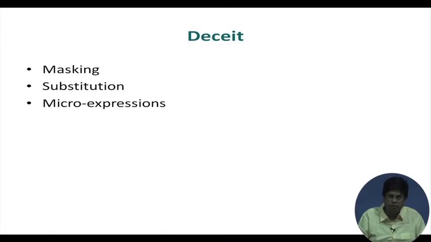So, substitutions take place, and microscopic expressions I have indicated. Here I would like to say that during deceit, because we are controlling our emotional expressions, we manage to leak them, we manage to give expressions before we are able to control them, and these expressions last anything between 1/4 of a second to 1/15 of a second.